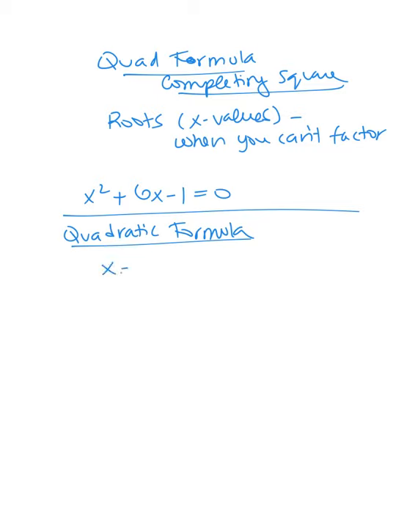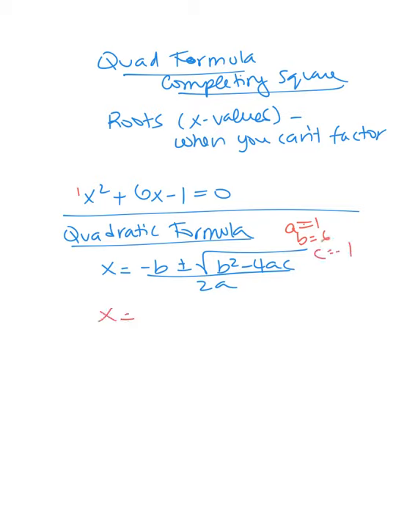Using the quadratic formula, x equals negative b plus or minus the square root of b squared minus 4ac, all divided by 2a. Your a, b, and c values should be identified first. A is 1, because your coefficient here is 1. B is 6, c is negative 1.